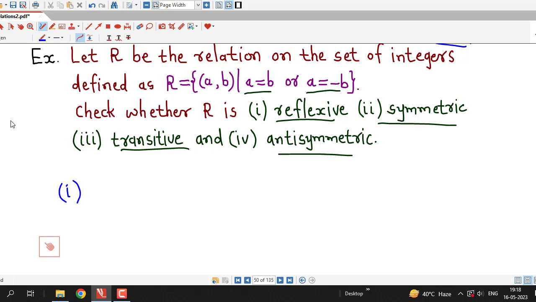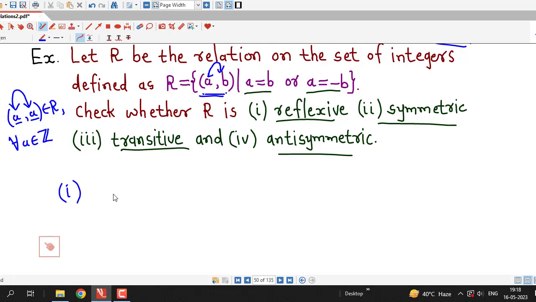We know that relation R is reflexive if it contains diagonal elements of this type for all elements A in a given set. Here given set is Z. It is obvious that if we consider diagonal elements, then these two components are equal, and relation R contains all those elements for which both the components are equal.